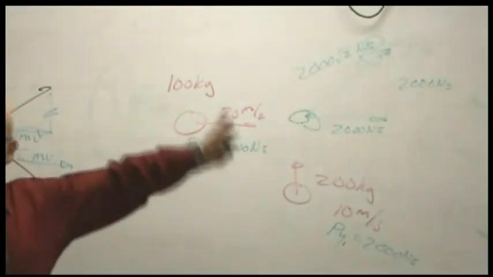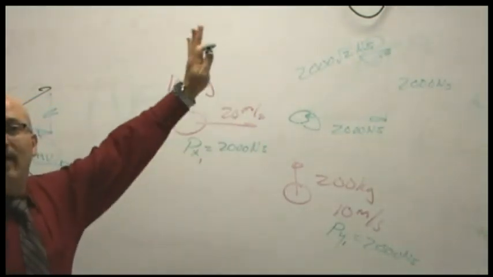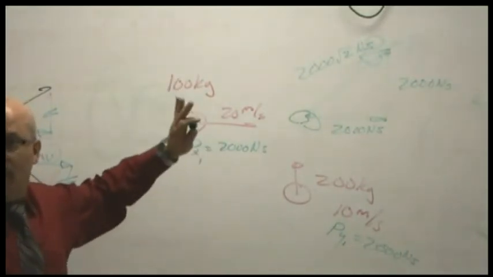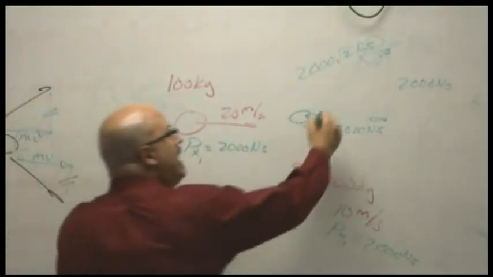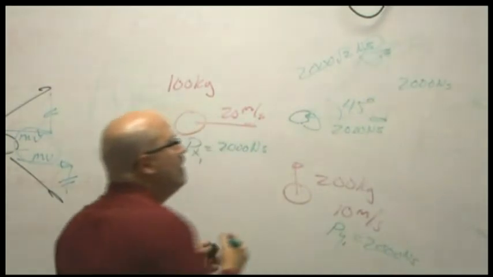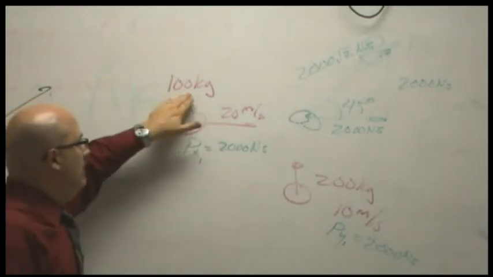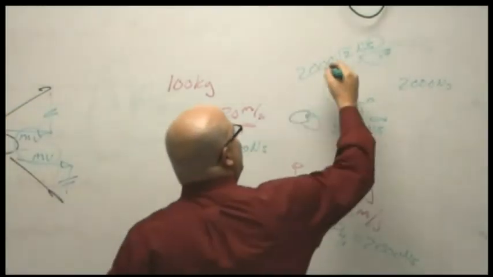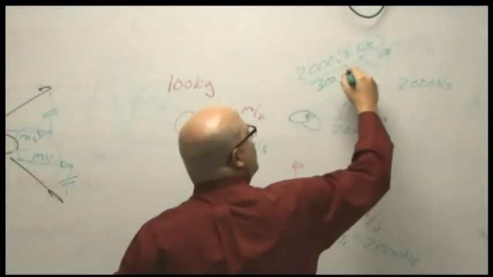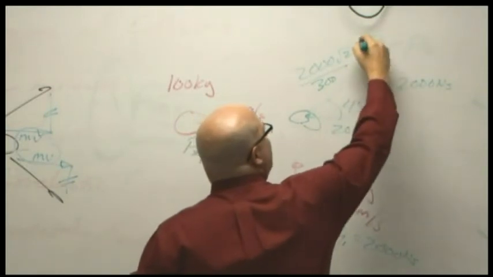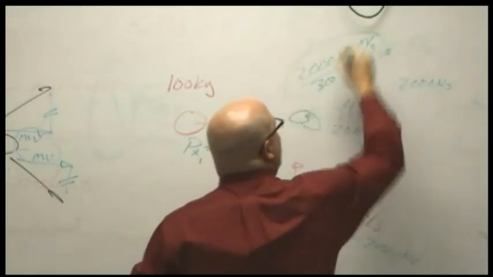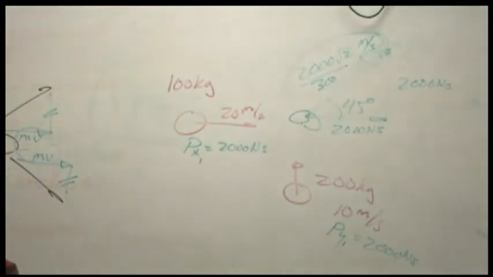But that's the momentum, and then you have to divide by the mass to get the velocity of it. Now we know this angle is 45, right? Okay, we know it's going up at 45. We have to divide by the mass. But what's the mass of the object? 300. Yeah, 300. So if you divide that by 300, then that will be now the velocity, meters per second. Okay? Does that make sense?